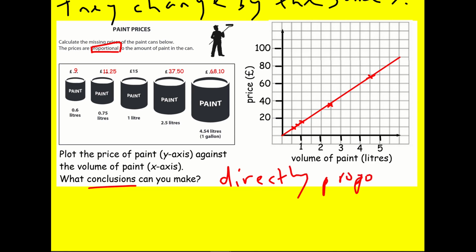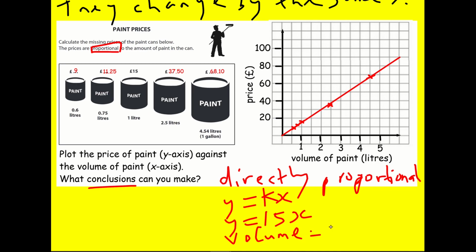Directly proportional. That means we're going to get y equals kx. And in this case, we see as we go along 1, I go up 15. So actually y equals 15x. I might even write more in words, I don't need to use y and x. The price is 15 times the volume.